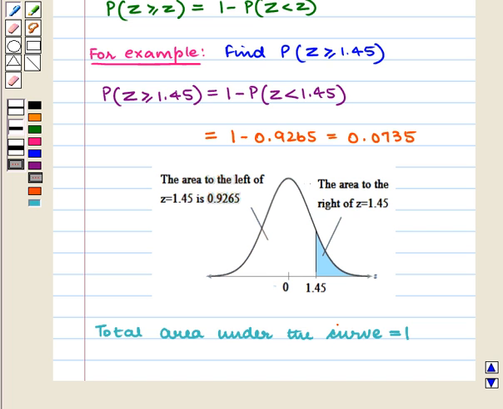We subtract from 1 because the total area under the curve is equal to 1.